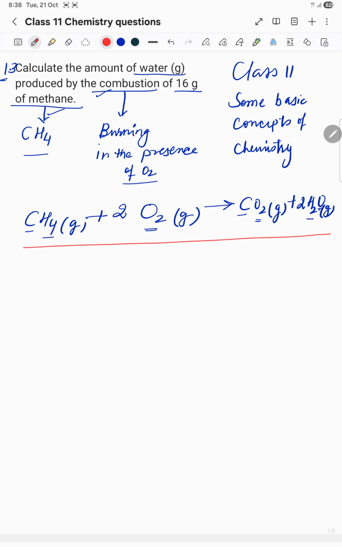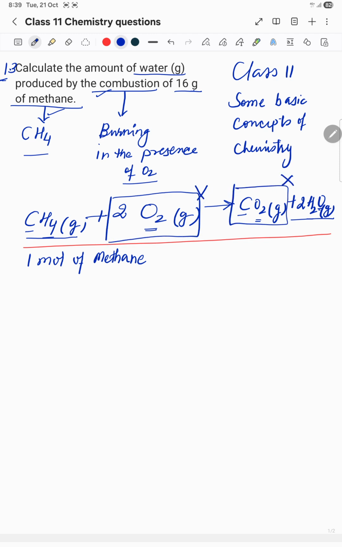We will take this balanced chemical equation and make it our baseline. So we are going to use this equation and solve the particular question. Over here we can see 1 mole of methane. Now as we know, we are only concerned with methane and water, so we will not take oxygen and carbon dioxide into account.